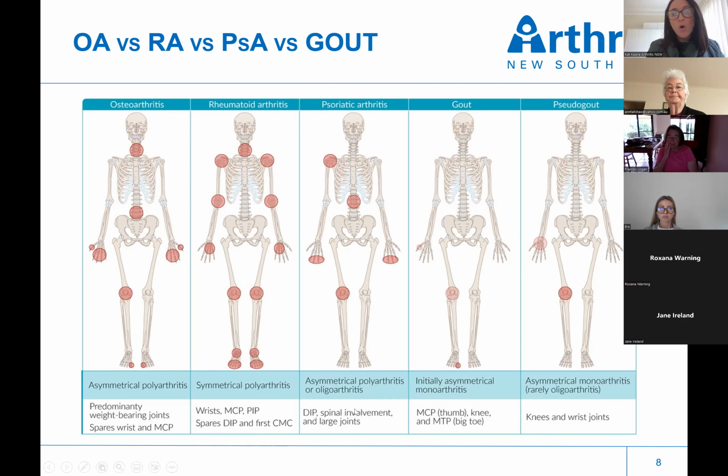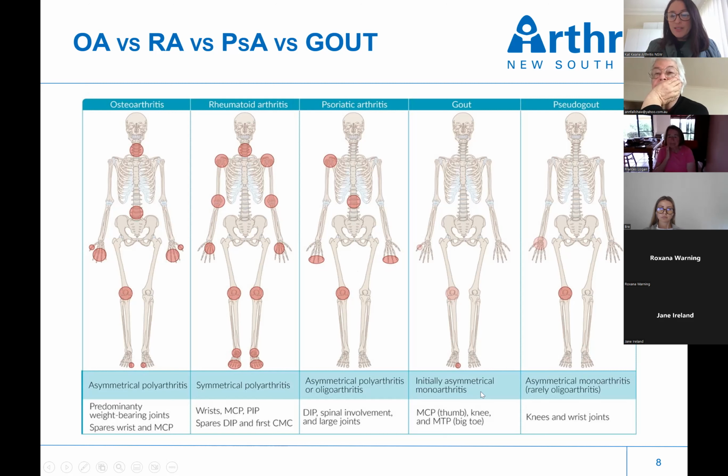While rheumatoid arthritis can involve the spine, like for example the neck, we often don't see it more so in the spine. We see it more in the smaller joints. Psoriatic arthritis can affect the thoracic and lumbar regions of the spine, and again affect weight-bearing joints like the knee, and also the DIP and PIP joints of the fingers as well.